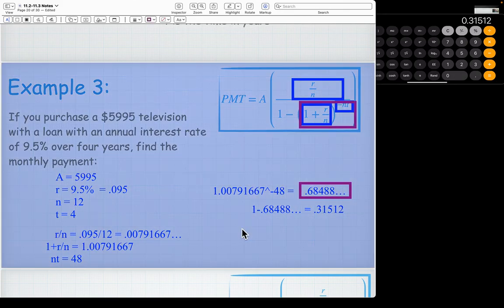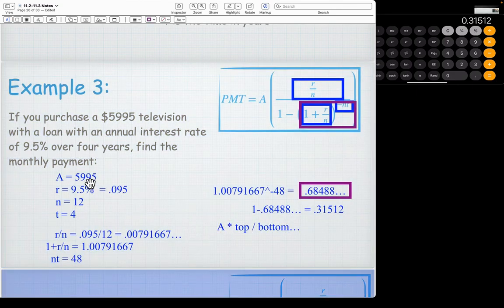So now what I'm going to do is A times the top divided by the bottom. So A is 5,995. I'm going to multiply that by the top. The top was the r over n that we found a long time ago, 0.007916667. And I'm going to divide that by the bottom, which was this most recent number, 0.31512.